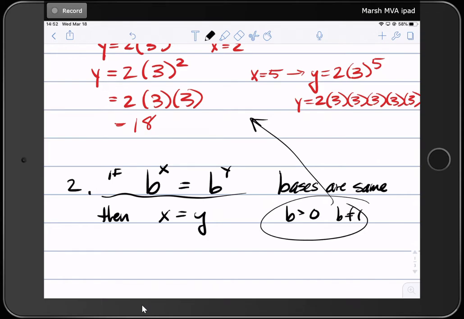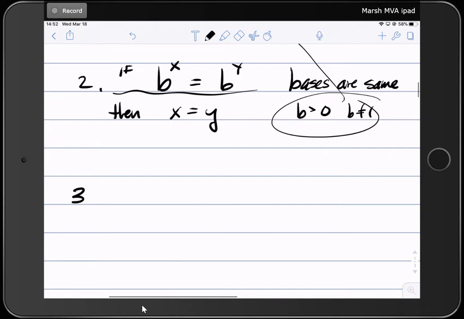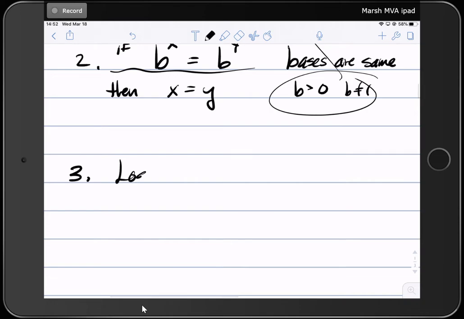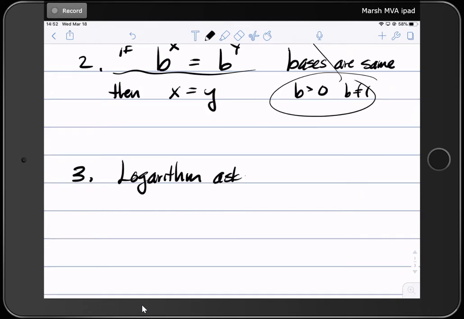Alright, so now, third principle. Let's get into logarithms. A logarithm is just kind of a backwards way of dealing with exponents. A logarithm asks, what is the exponent?